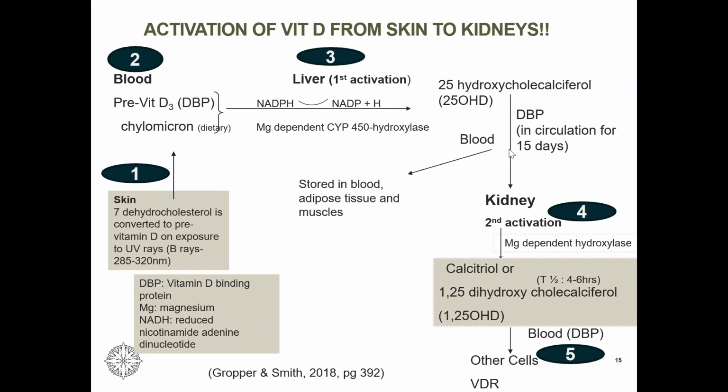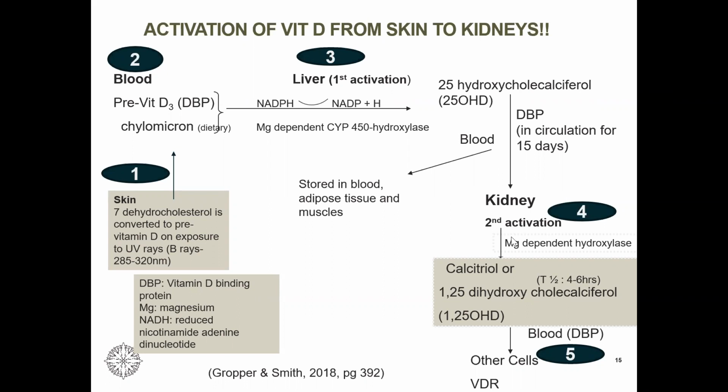And this form can also do various functions. It can do those non-genomic functions. It can also help bone formation. But remember, I talked about that gene expression function that can only be performed after the second activation.